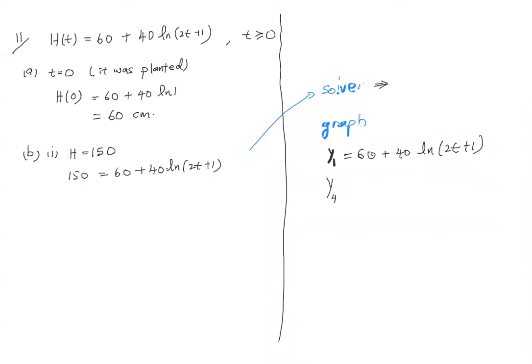So you put your Y4. Y4 is 150. Then when I plot the graph, how does the graph look like? Everyone, please put into your calculator that way. Make sure only your Y1 and your Y4 are highlighted, the equations, please. So everyone key in, please.